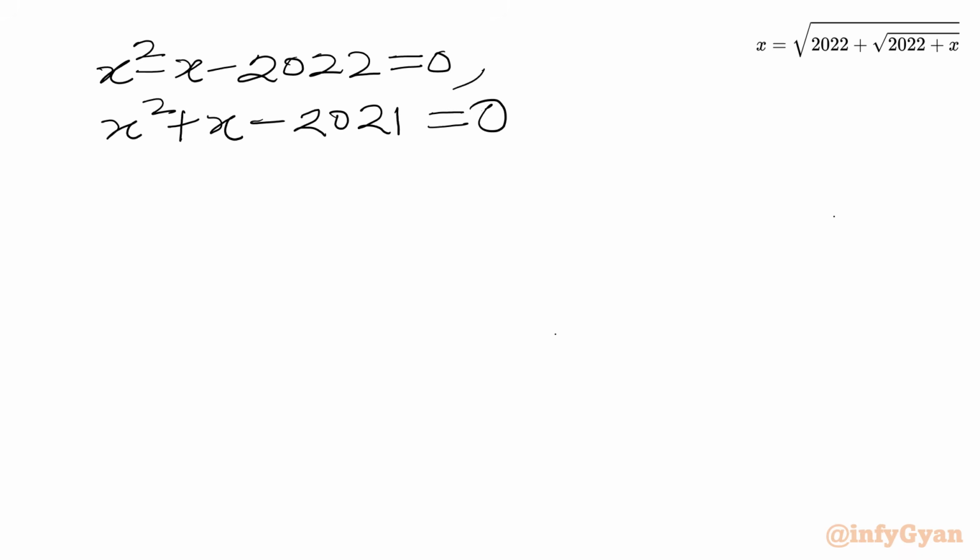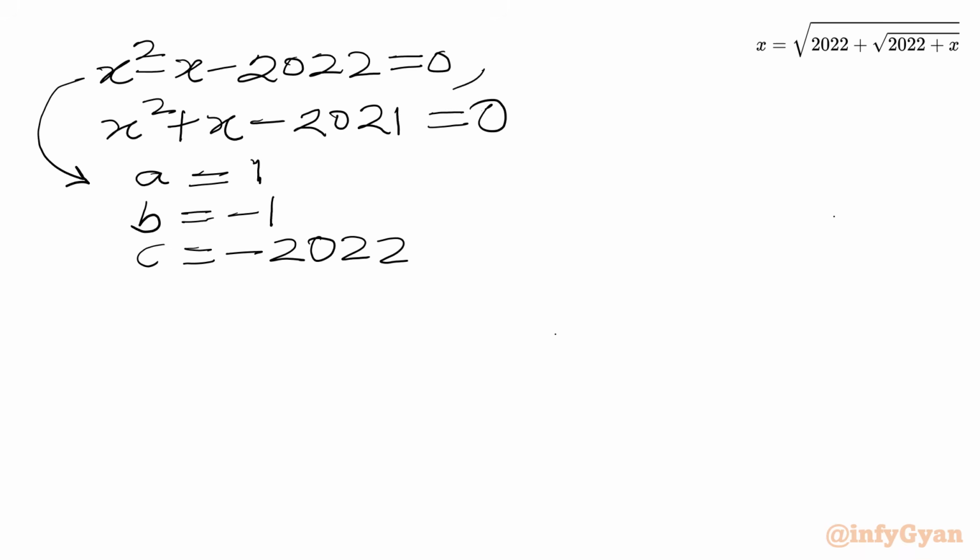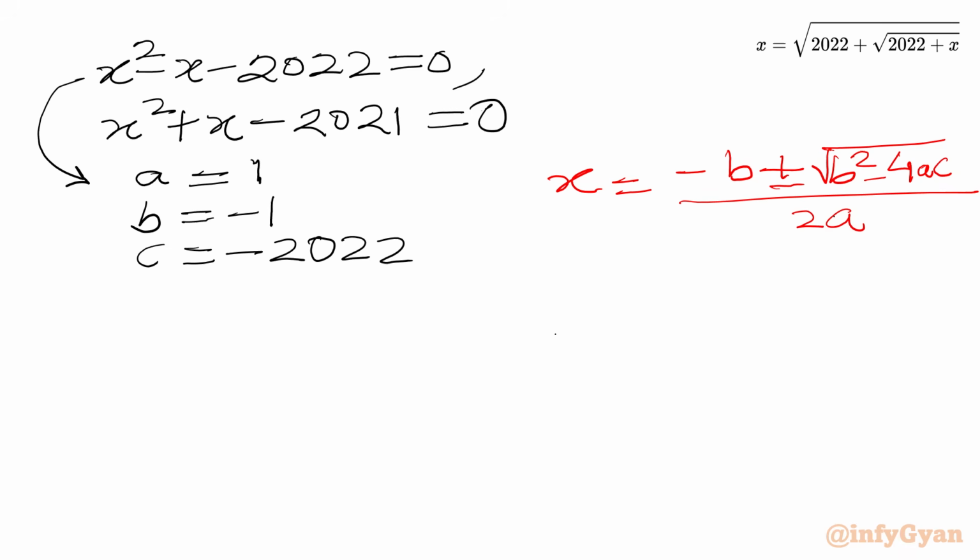Now we have two quadratic equations. We can think about the quadratic formula. So let me consider the first equation here. As per our equation, a is the coefficient of x square, 1, b is the coefficient of x, minus 1, c is the constant minus 2022. We know the quadratic formula in terms of a, b, c: x equal to minus b plus minus square root b square minus 4ac over 2 times a. We have a, b and c.